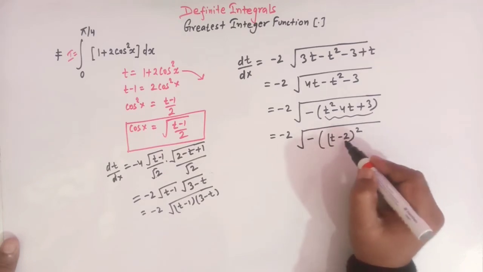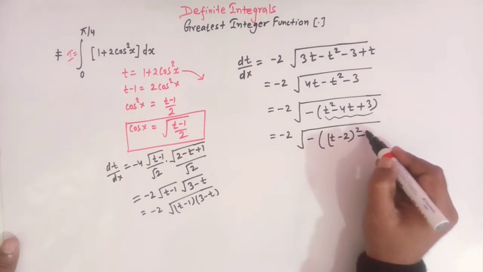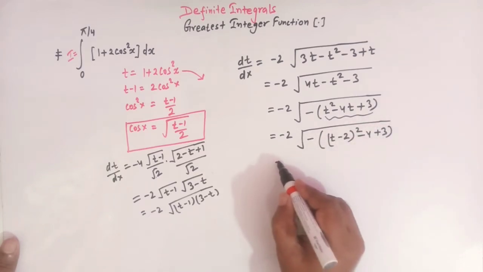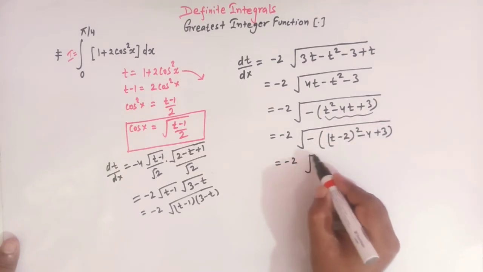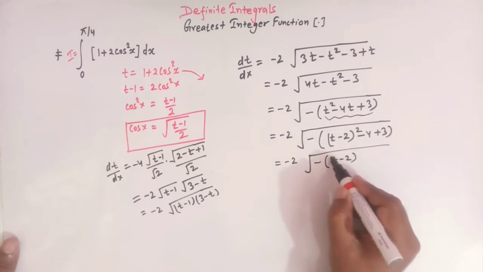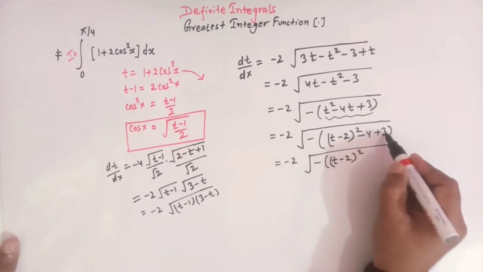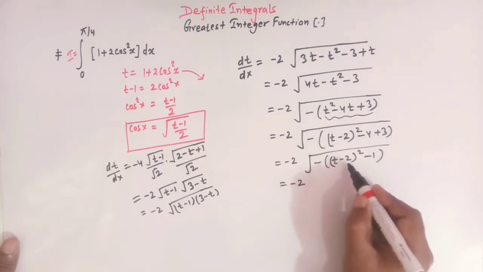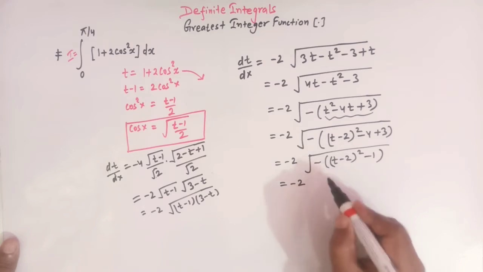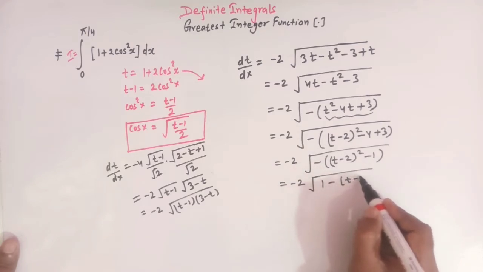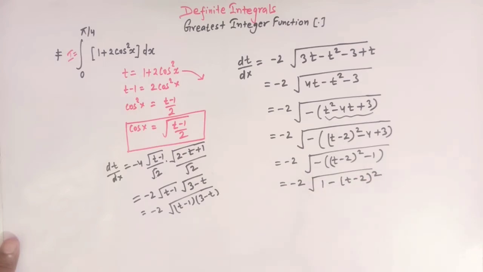So in order to eliminate this plus 4, we write minus 4 here, and here we have plus 3, right? So now this can also be written as minus t minus 2 square, and 3 minus 4 is minus 1. So now we can multiply these two terms with this negative sign, so we have 1 minus t minus 2 square, right?